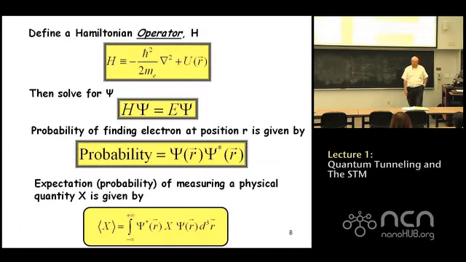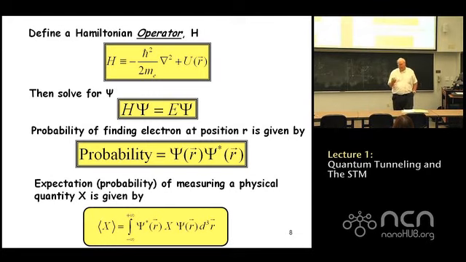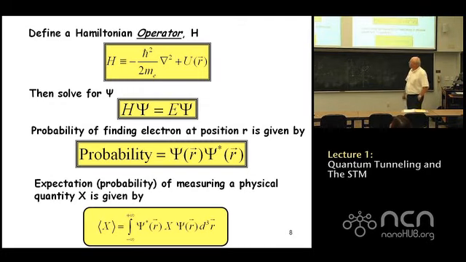So the fundamental operational definition of quantum mechanics is that there is an operator, right? This operator is referred to as a Hamilton operator. It's given the symbol capital H. And what Schrödinger said is this Hamiltonian has the form h bar squared over 2m.